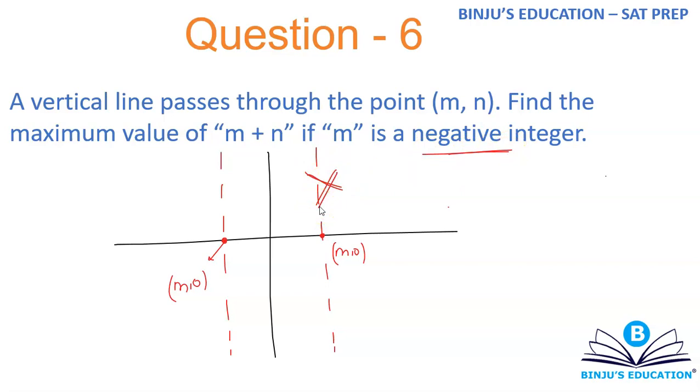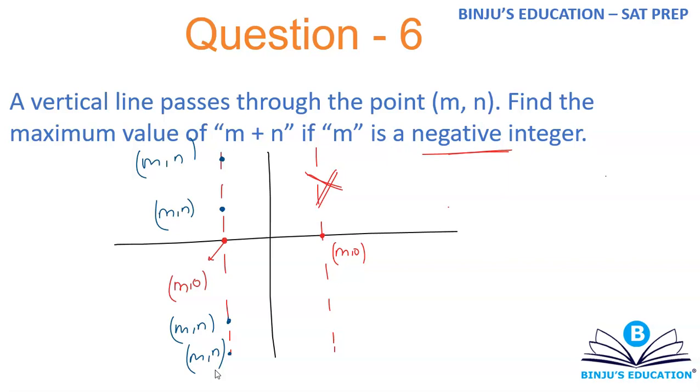Now (m, n) can be anywhere. (m, n) can be here, here, somewhere here, somewhere here. It can be anything. m is a negative integer. You need to maximize the value of m plus n.